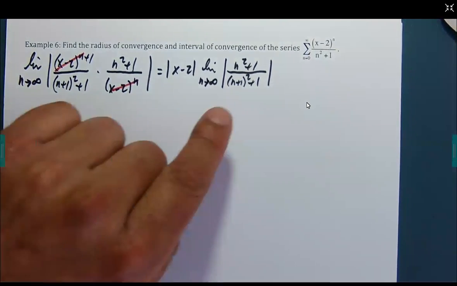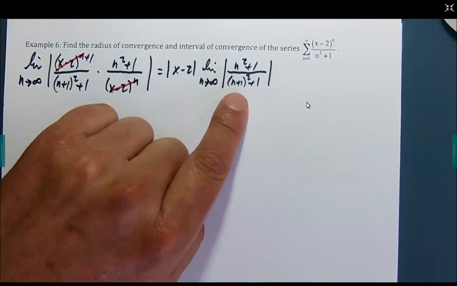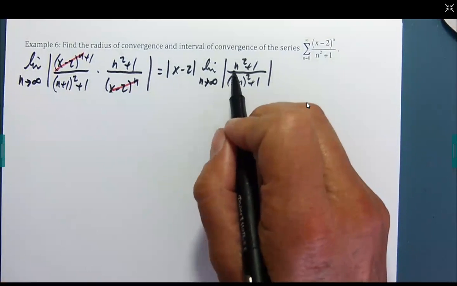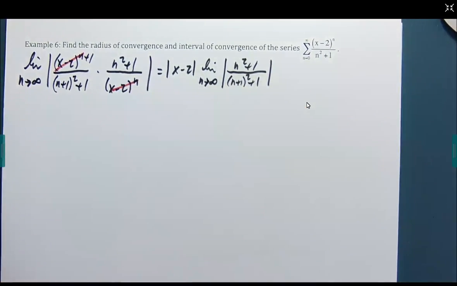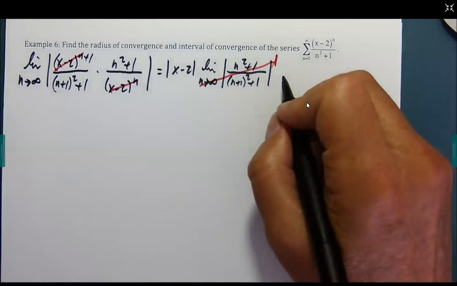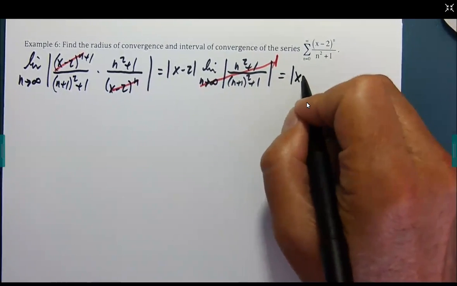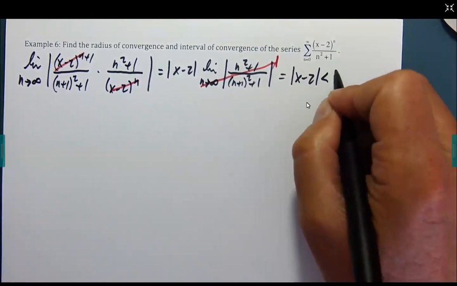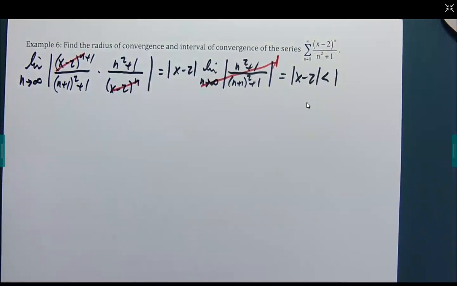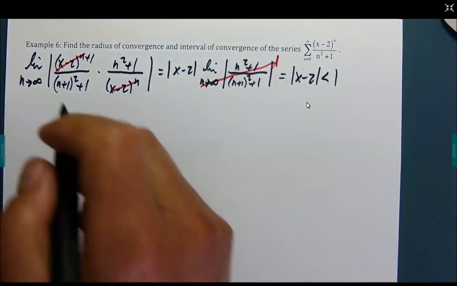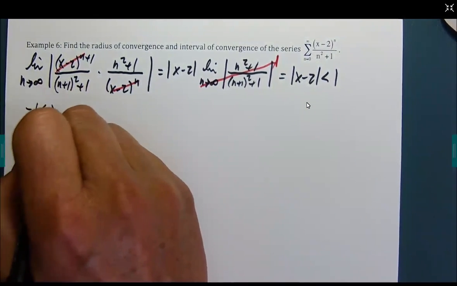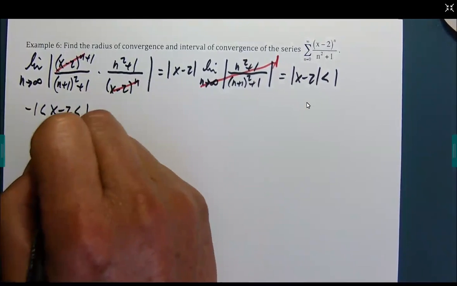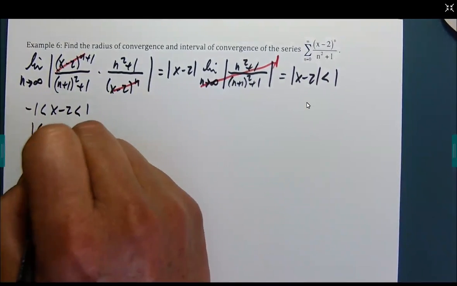And I know this looks awkward with all the plus ones and stuff, but if I FOIL that out, do you see I'm still going to get n squared over n squared? We don't care about the rest. The point is this whole part goes to 1. So we get that absolute value of x minus 2 needs to be less than 1 because of the ratio test. So this means -1, x minus 2, +1, add 2, so I get 1 and 3.